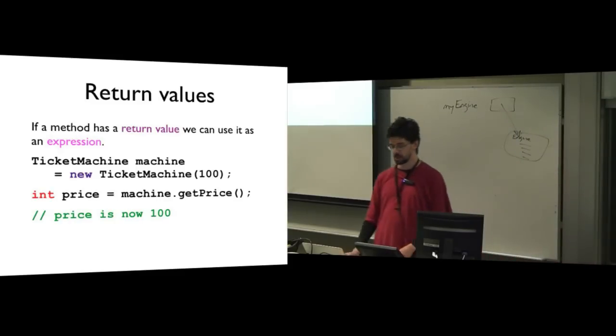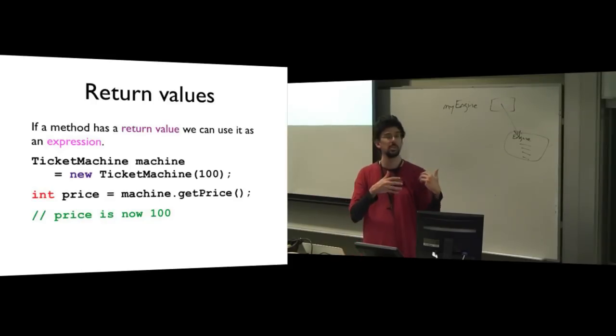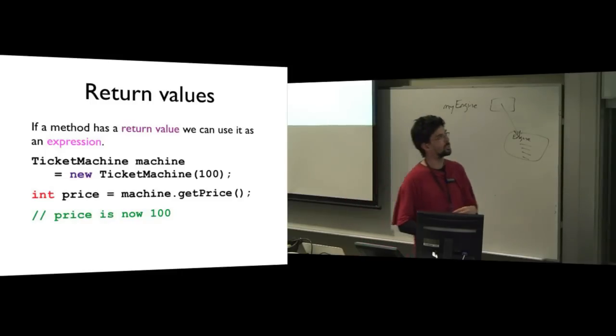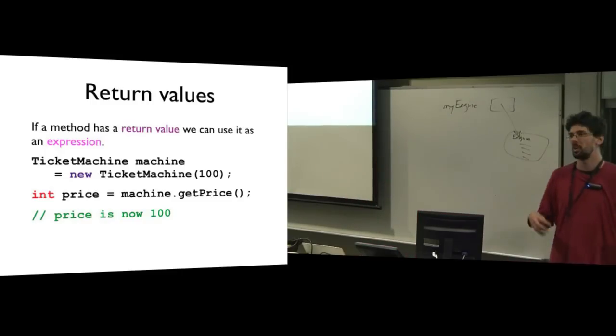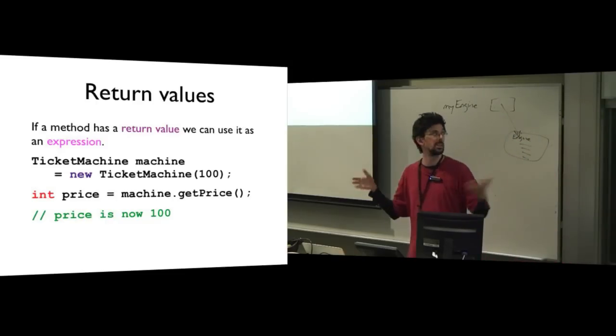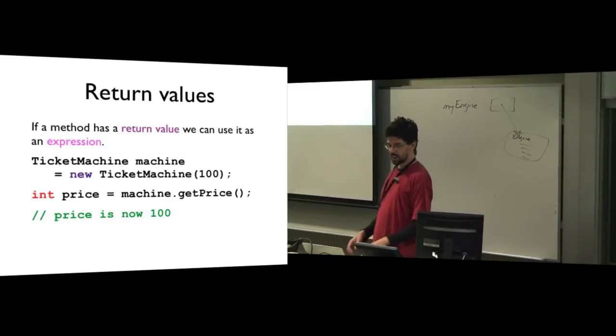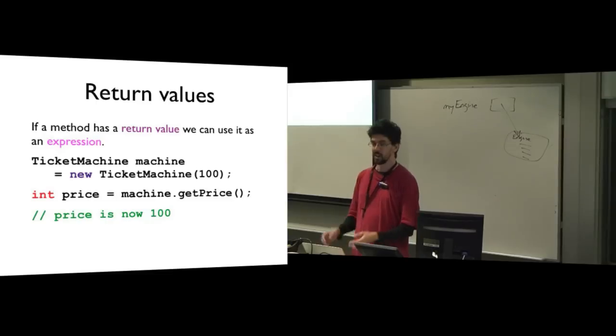We could assign that return value to a variable, or we could have it as part of a larger calculation. So we could say machine.getPrice multiplied by 10 plus 7, and that would be 1007, right? Or whatever. So if a method has a return value, we can call it and get that value back and use that value in our calculations.